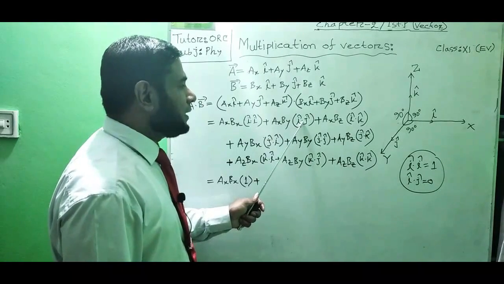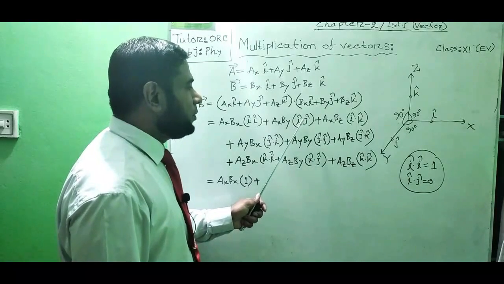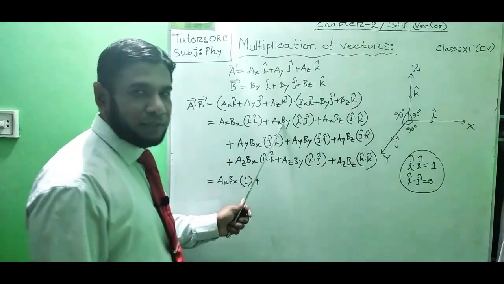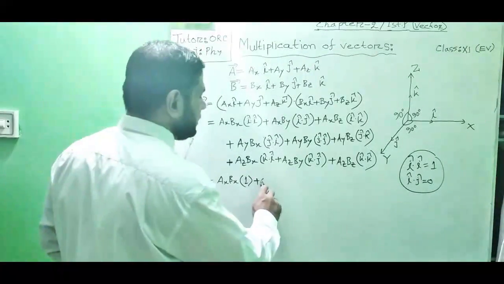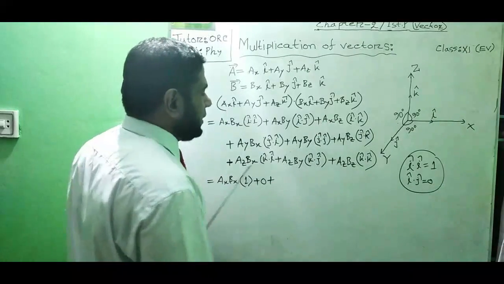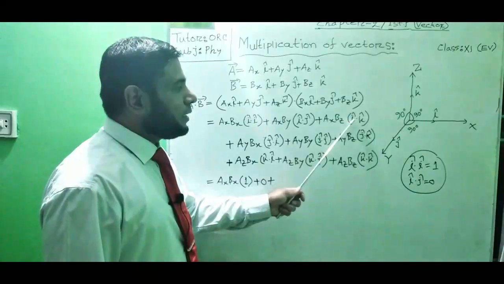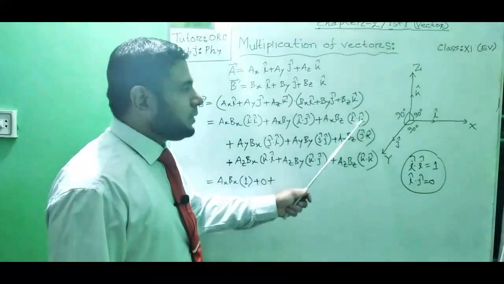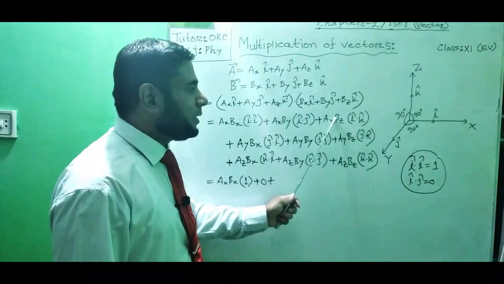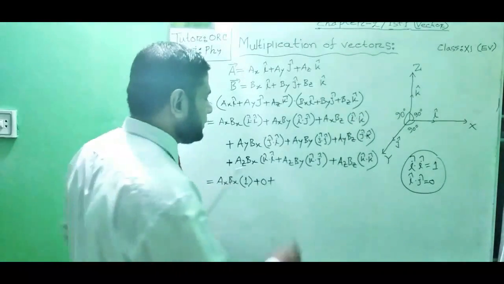So 0, as the result of î·ĵ will be 0. If we multiply 0 with aₓbᵧ, this value will also be 0 finally. So we will substitute 0 here. Again, here aₓbz and î·k̂, as î and k̂ are different, the value also will be 0. As a result, the multiplication will also be 0, so this term will also be 0.